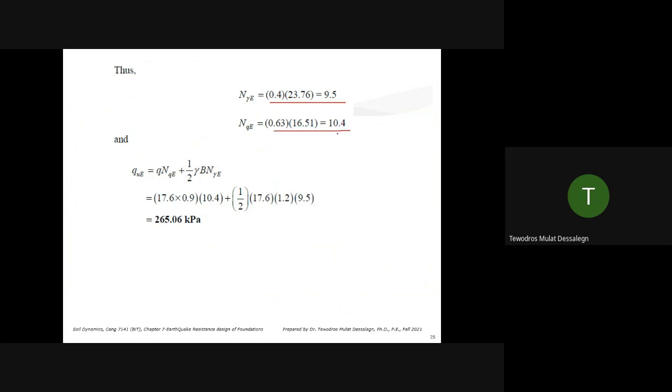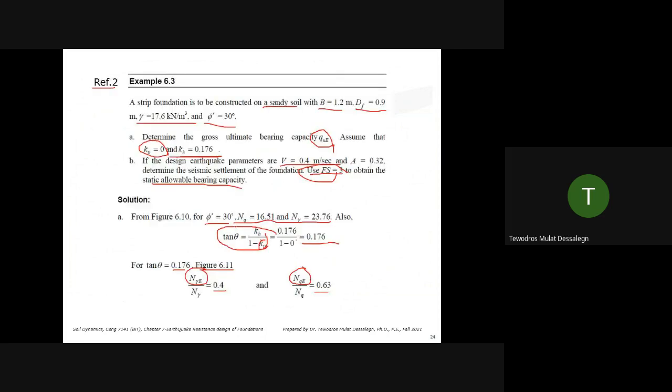So QE, the ultimate bearing capacity, now you can find it. This is your surcharge, unit weight by depth of foundation, NQE, you have it. Half gamma, B, and N gamma E, you have it. So 265.06 kilopascal. I don't think we have it. It would have been a good exercise to include the static portion only, because this is a total one.